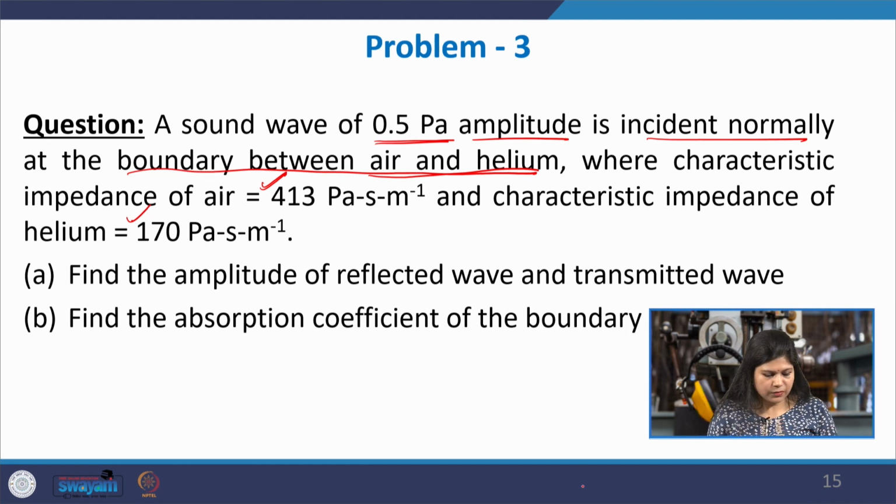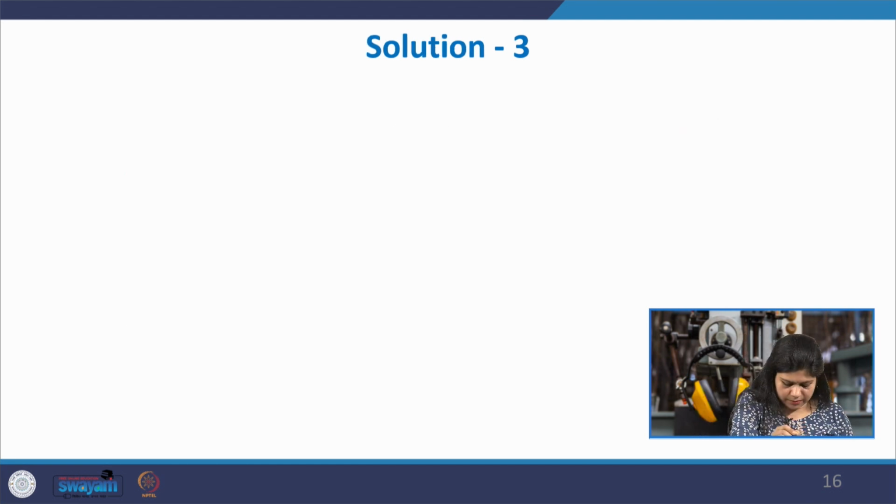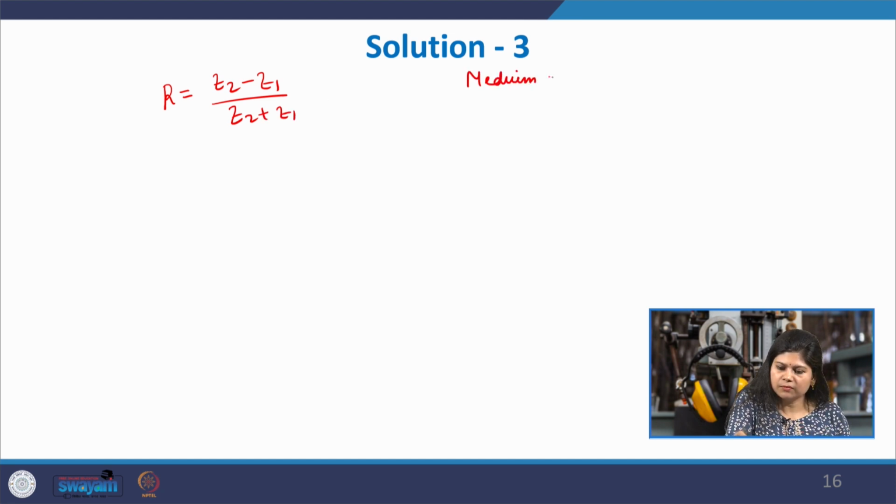Okay? So, let us solve this. Let us first solve for the reflection coefficient. Here medium 1 is air, medium 2 is helium.